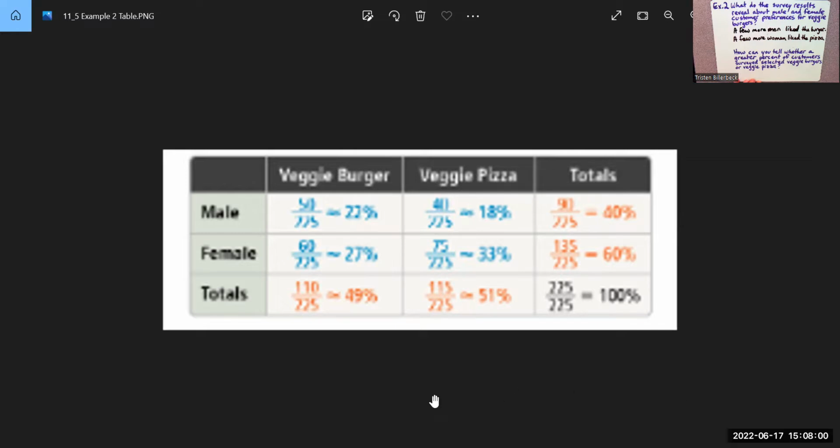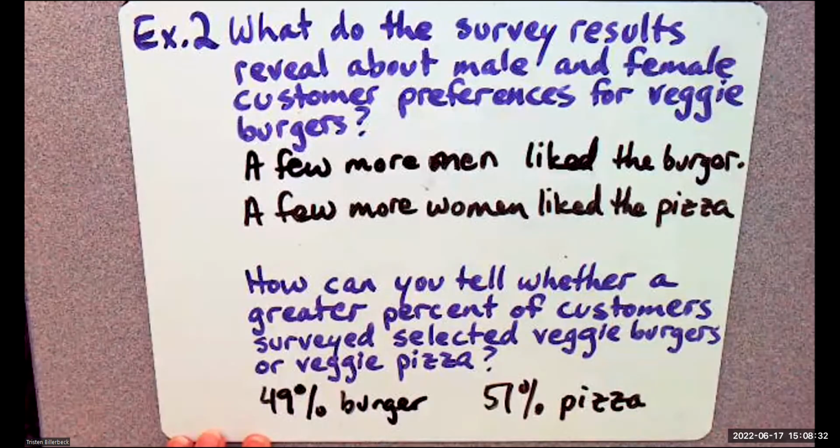Well, we look at this marginal frequency down here, and we see they actually picked veggie pizza more than the veggie burger. So 49% for the burger and 51% for the pizza overall. So you look at that marginal frequency at the bottom.